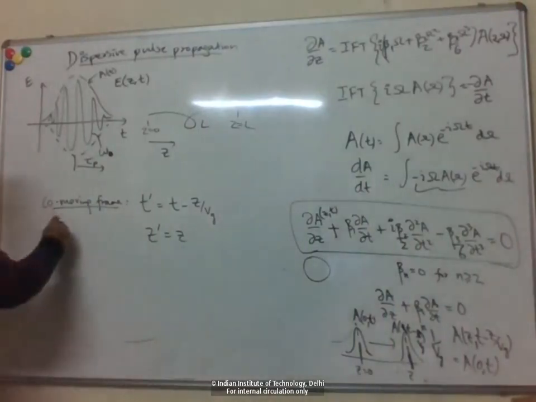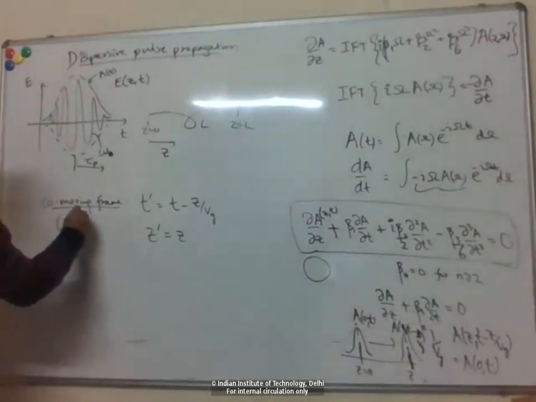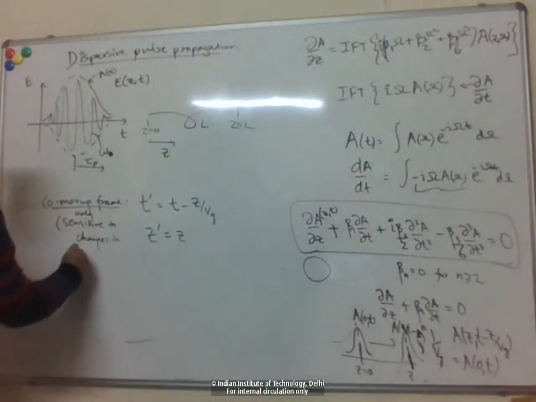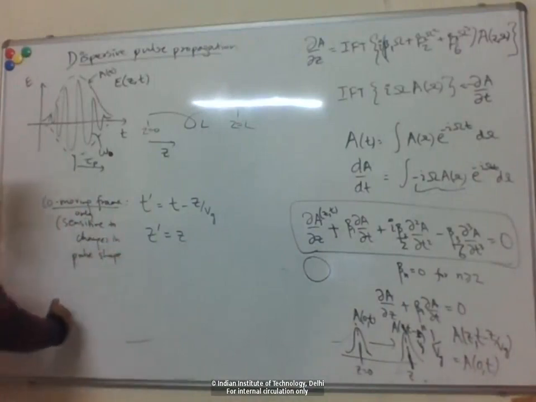Okay, so now I'm only sensitive to changes in pulse shape. In this frame, what I'll see is that this shape is changing with time, but the pulse is always centered at 0 and it's not moving.